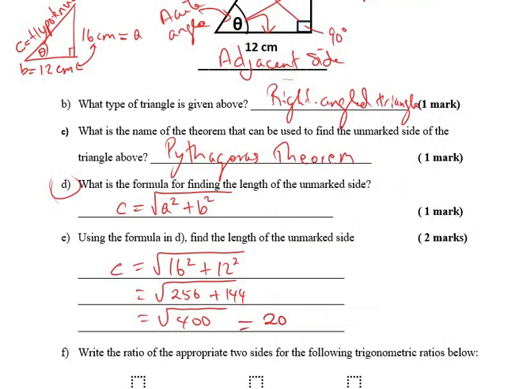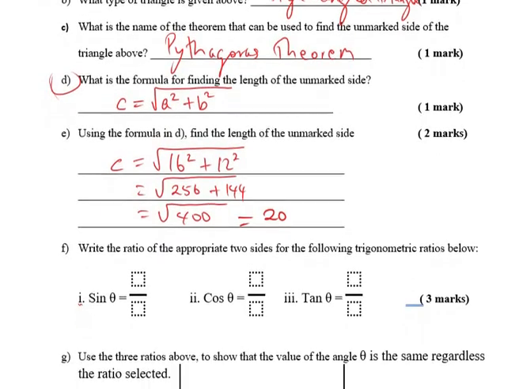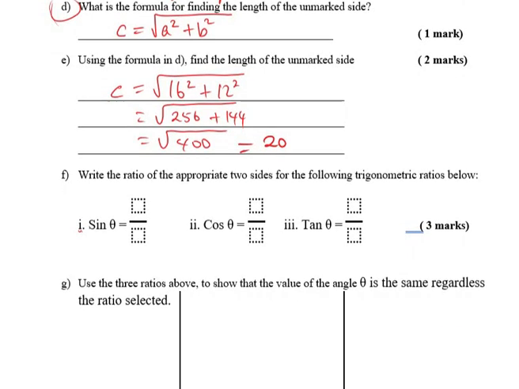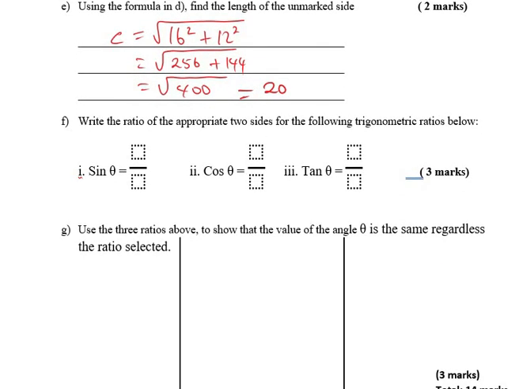Now the last part, well, we have two parts. Let's go again. Write the ratio of the appropriate two sides for the following trigonometry ratios. We have sine, cosine, and tangent theta. Now, you want to remember this, okay?